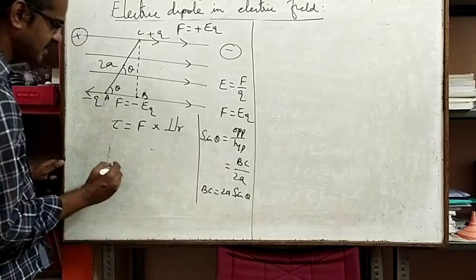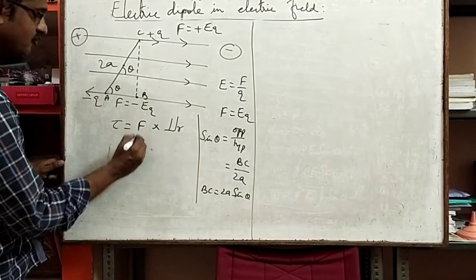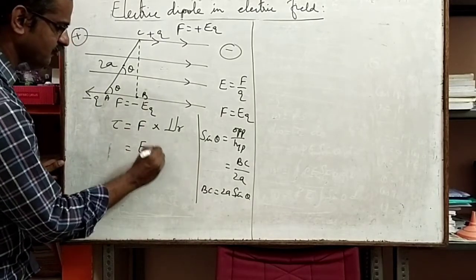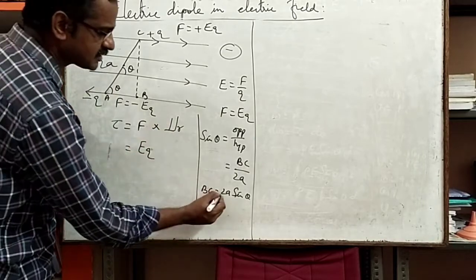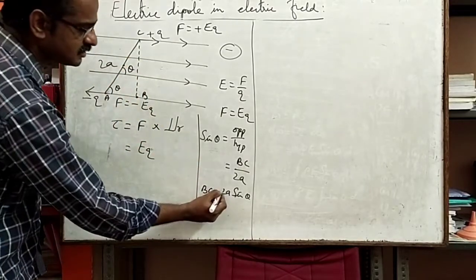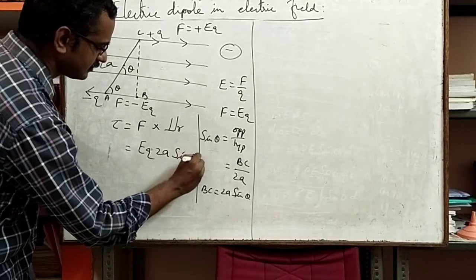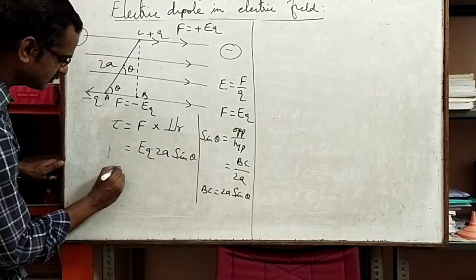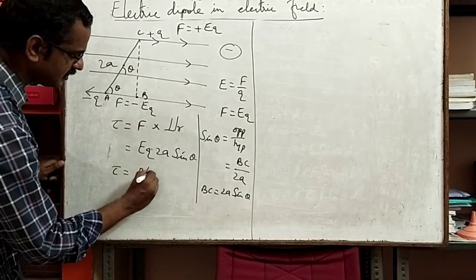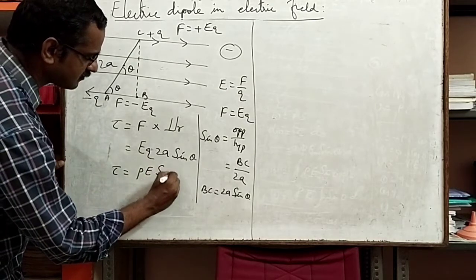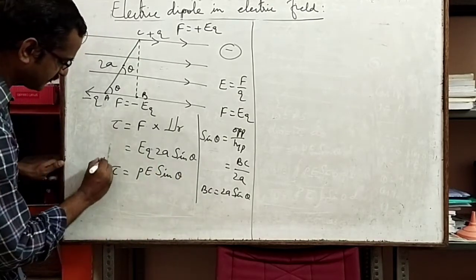BC is the perpendicular distance. Then one of the forces is EQ. Perpendicular distance between the two forces is 2a sin theta. Then we can write that torque tau is equal to PE sin theta.